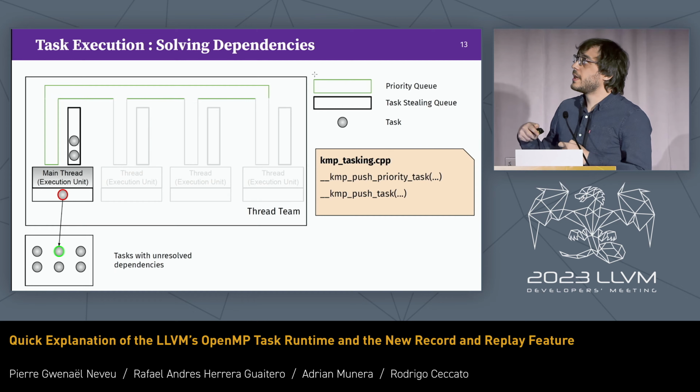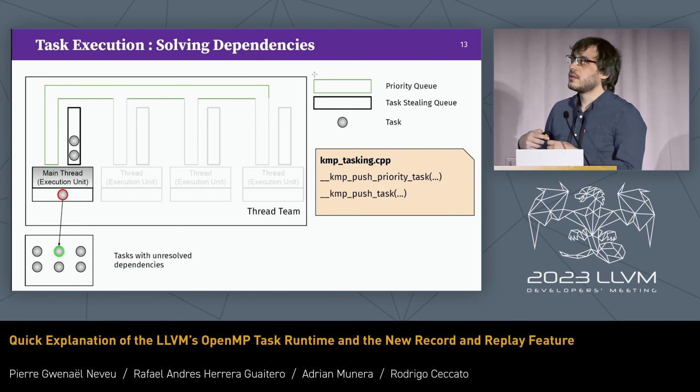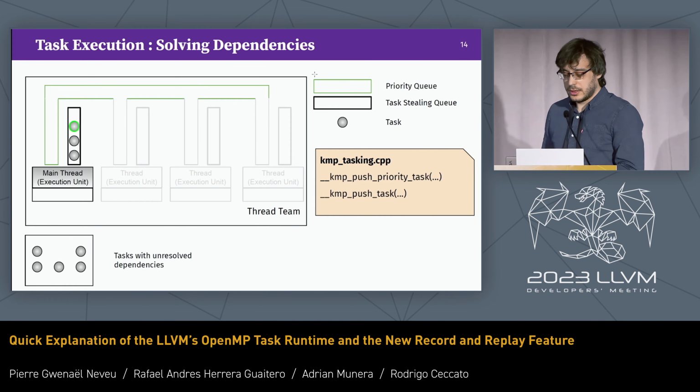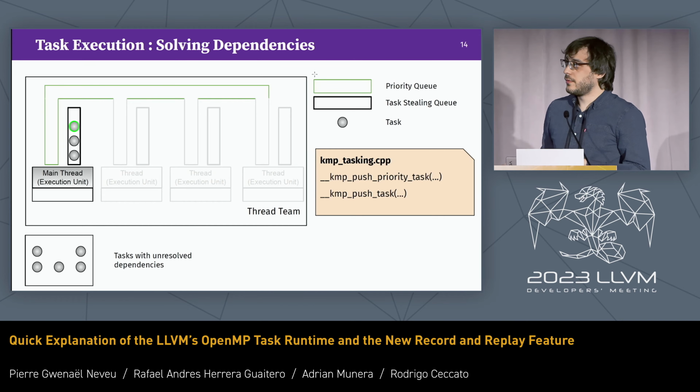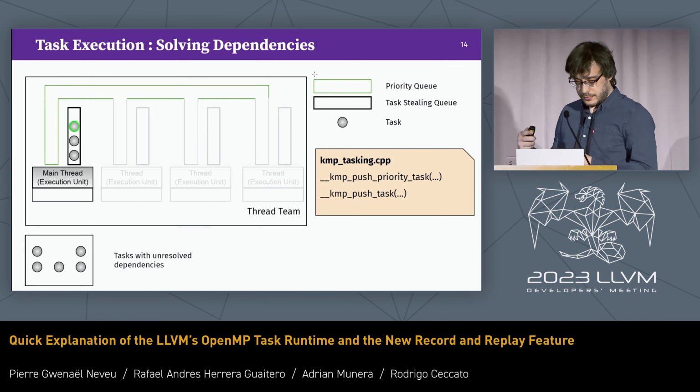If by executing this task, we are resolving one dependency from another task, and this task does not have any more dependencies, we will push it either in the queue of the thread or the priority queue, depending on whether the task has some priority or not.